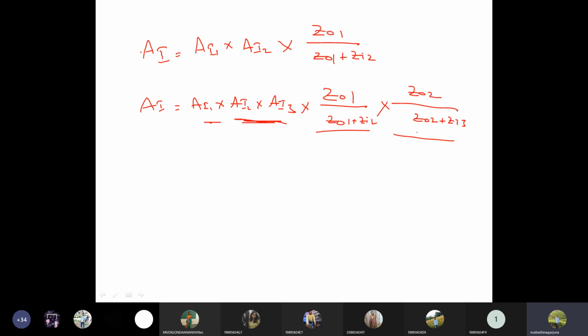Okay, so now tell me, similarly, if you have four stages, what will be the equation?